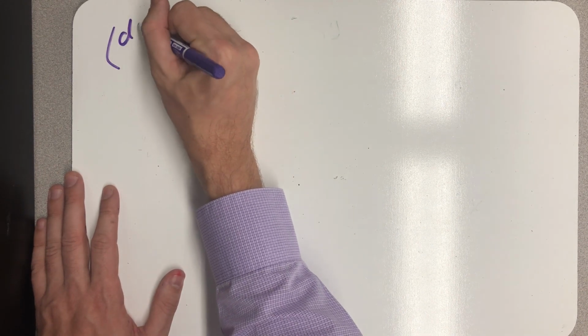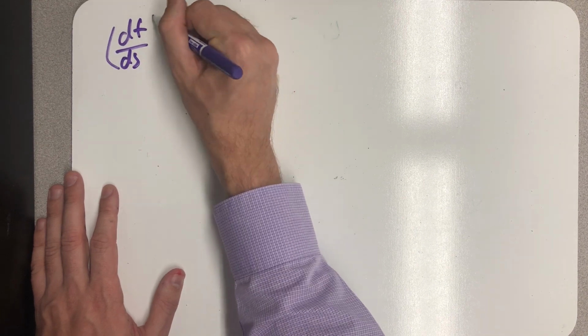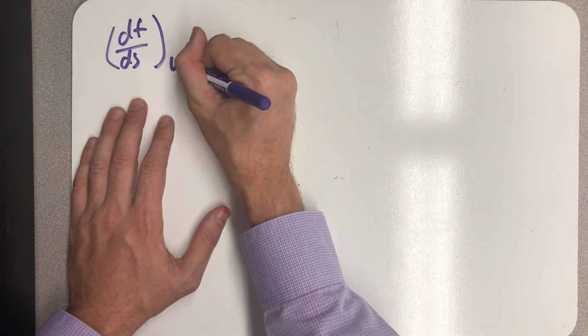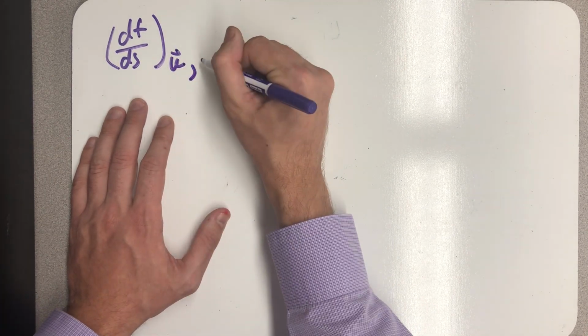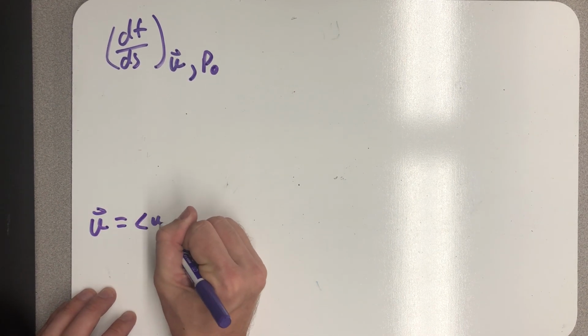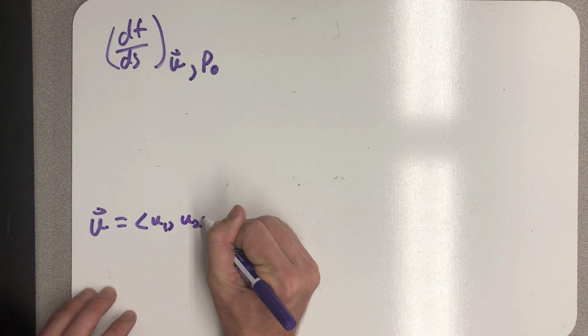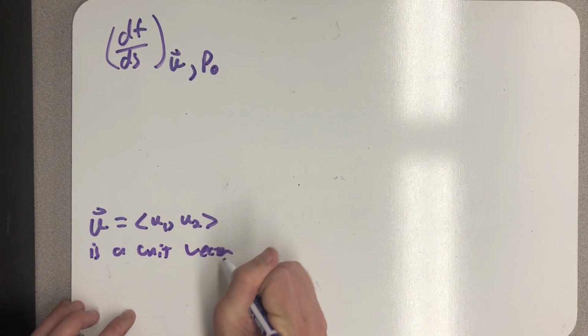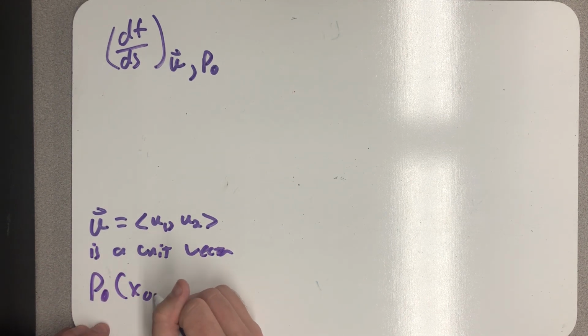So my definition for directional derivative will involve that idea. So, the derivative of f with respect to s, thinking about that s-axis, and I need to be descriptive, in the direction of a unit vector u from a point p naught. u is a unit vector, and p naught is that point.